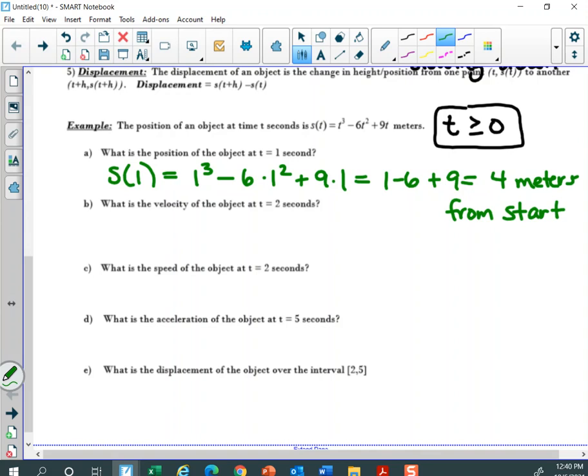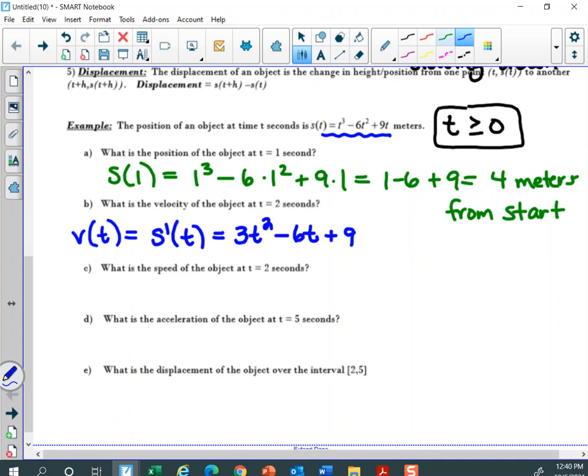What is the velocity of the object at 2 seconds? Well, the first thing I have to do there is write my velocity function. If my position function is given by that cubic, my velocity is going to be the derivative of that position, 3t squared minus 6t plus 9.